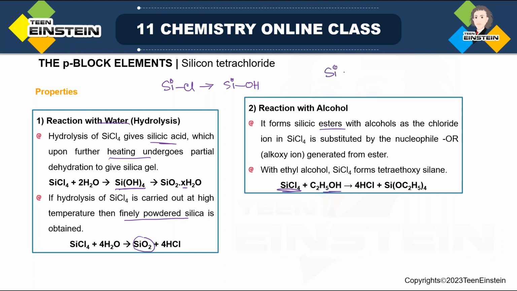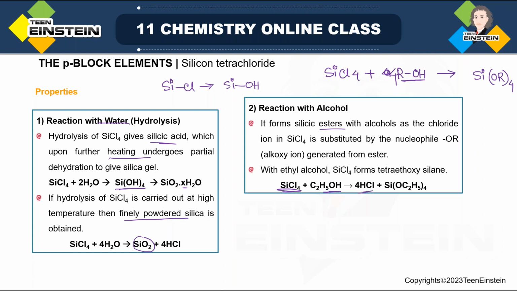You can also write this equation in a general way. Suppose the alcohol is ROH. We have to take 4 ROH because we need a total of 4 OR groups, which replace the Si-Cl. So we get Si(OR)4, along with HCl.